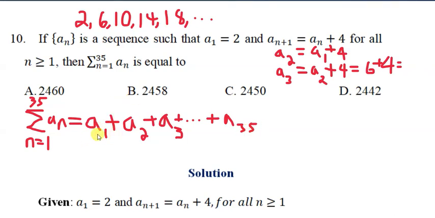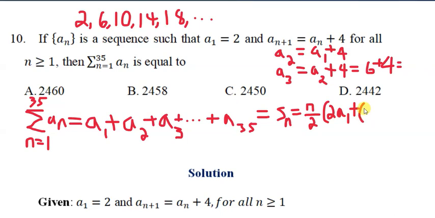Since the sum of these terms gives us the sum of an arithmetic sequence, it will be equal to Sn, the sum of the first n terms of an arithmetic sequence, which is n over 2 times, twice the first term, 2a1, plus n minus 1 times the common difference.